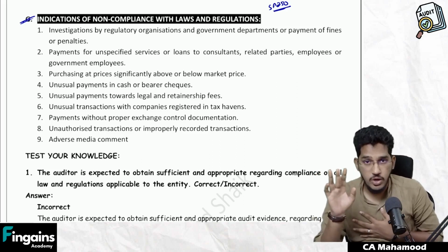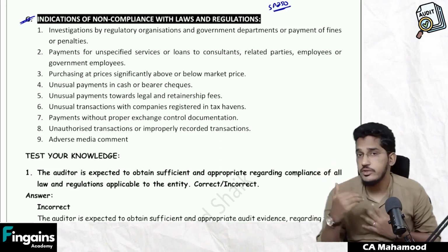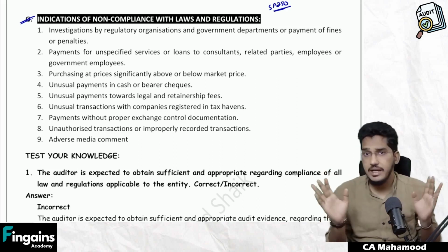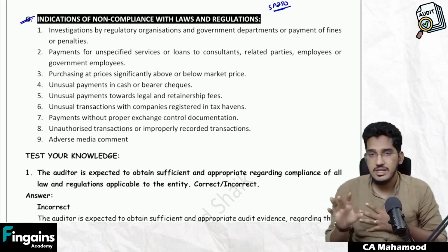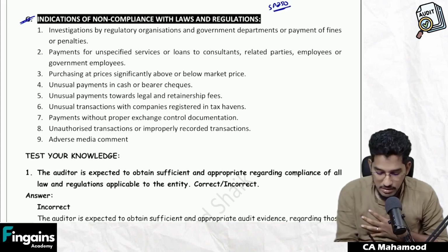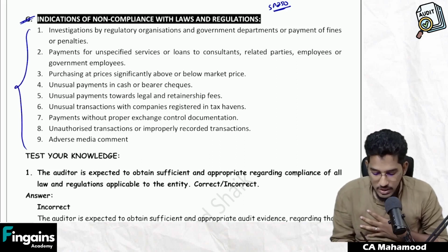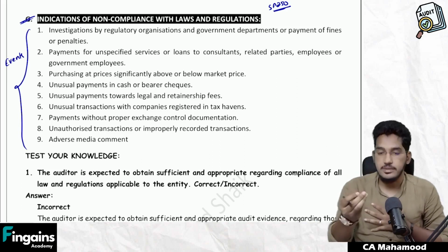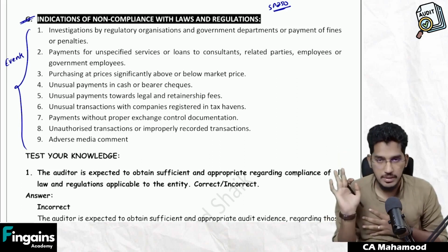However, you should not have the wrong notion that the moment you come across this indication, compulsorily there will be a non-compliance. No, I did not say that. That is just what the standard is saying. If you come across any of these events or circumstances, there is a hint that there could be non-compliance.